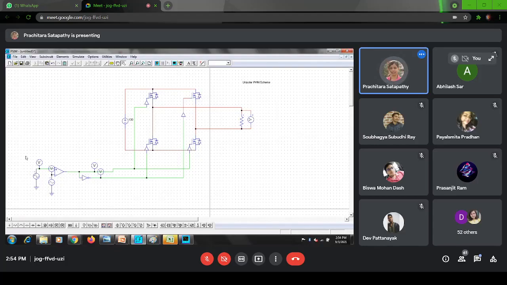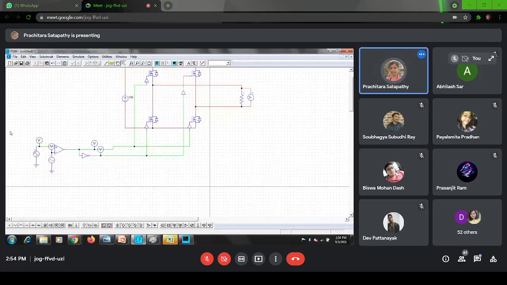This is unipolar, so only the change will be in this comparator part. Yes or no? Yes, ma'am. Only one carrier is required, so I am doing it again. Okay, just deleting all, don't get confused.